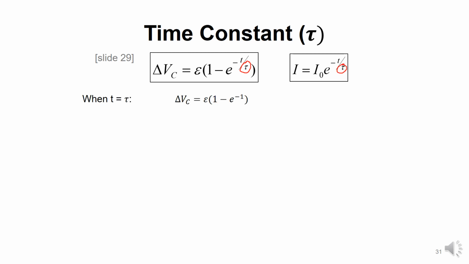All right, so let's look at what happens at different points in time. Okay, so we are charging a capacitor, and suppose we measure the voltage at a certain point in time. Okay, so let's measure the voltage after a time of tau. Let's write this down.